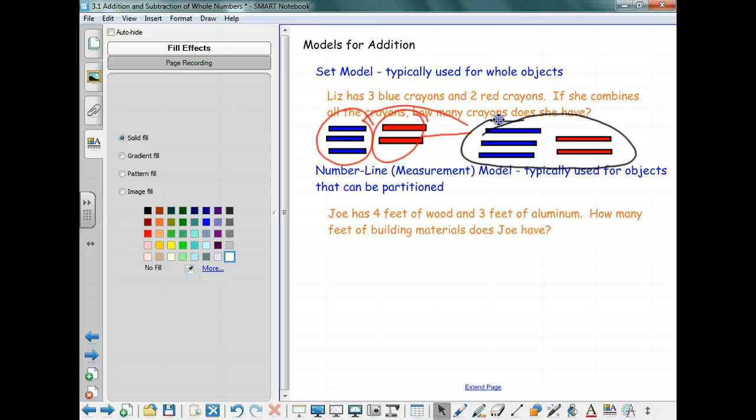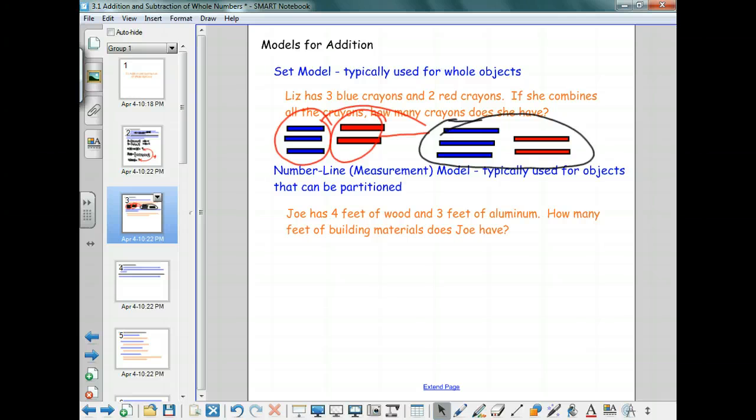A number line model looks quite a bit different. A number line model is going to have a picture of a number line, so let me draw a line here. When you're drawing this line, you're talking about something that is measured or could be measured in portions.